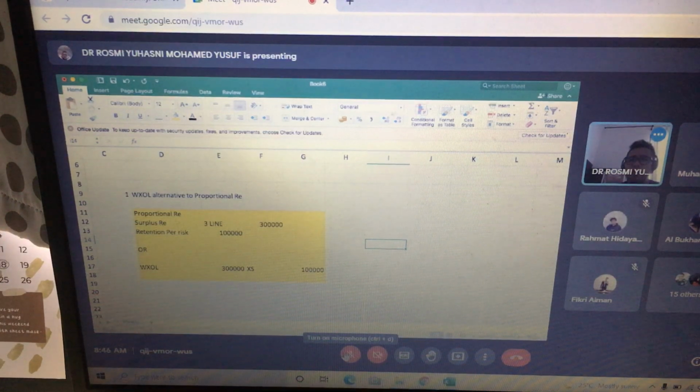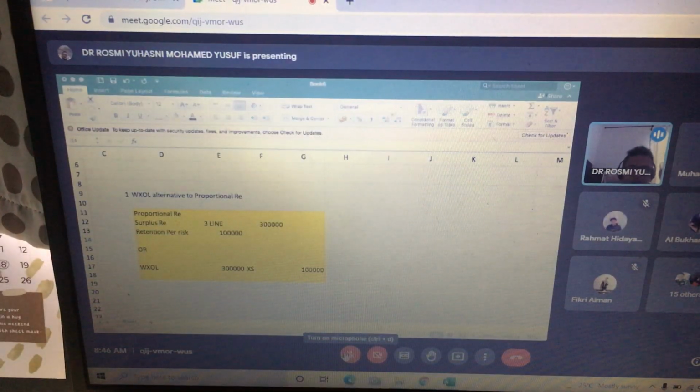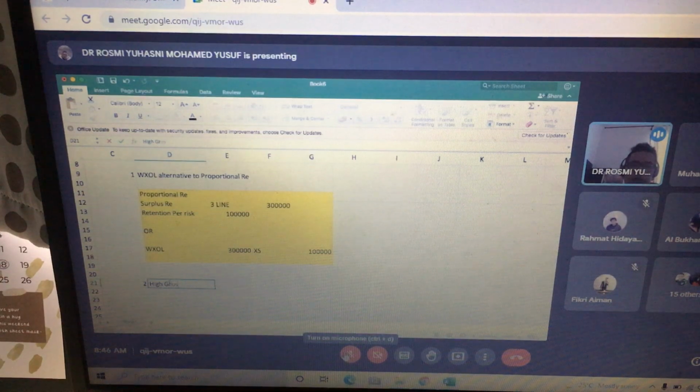And then dekat slide ni dia kata nombor 2, supplementary reinsurance protection to the reinsured with high gross retention under a proportional treaty. Okay, for situations number 2, high gross retention under proportionally.